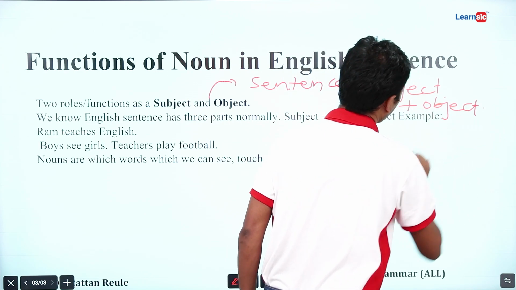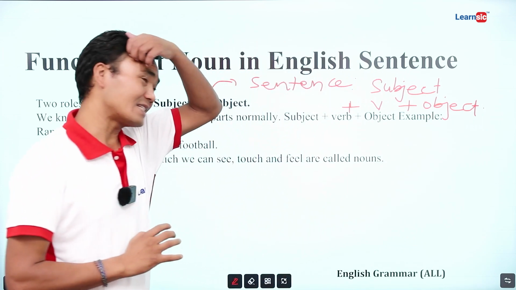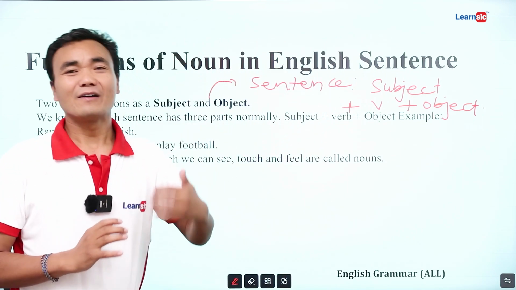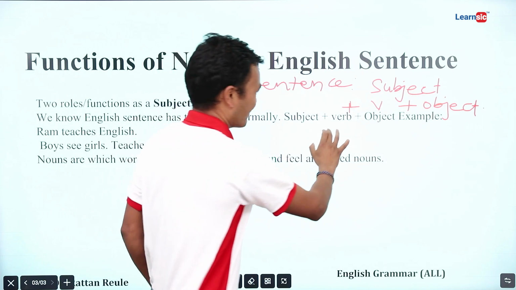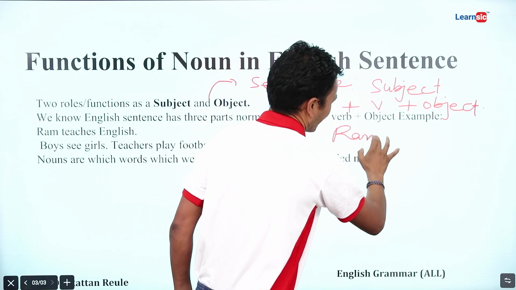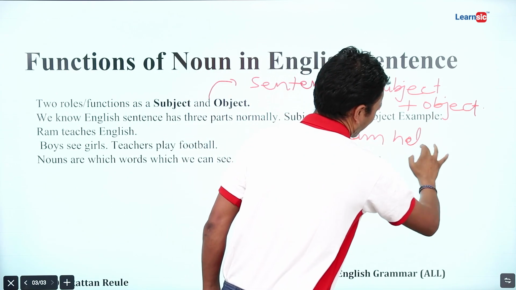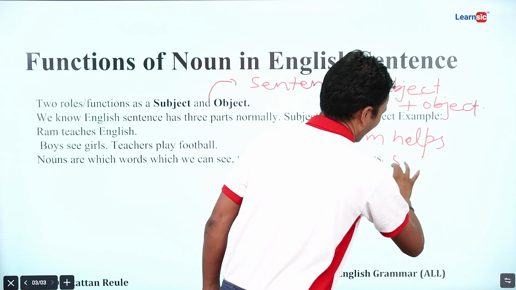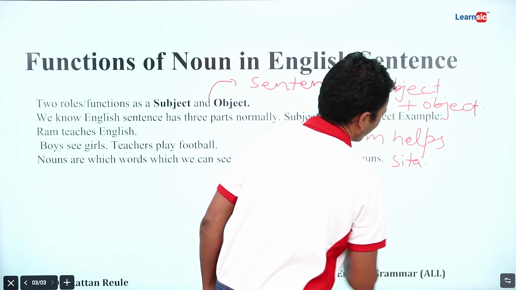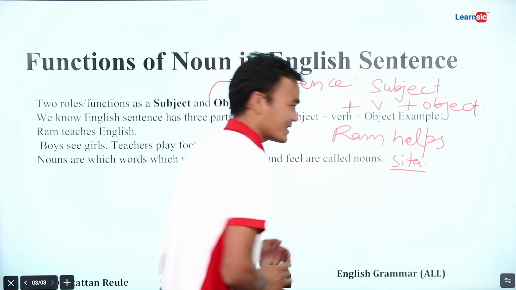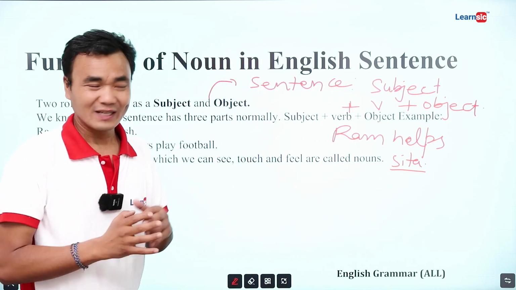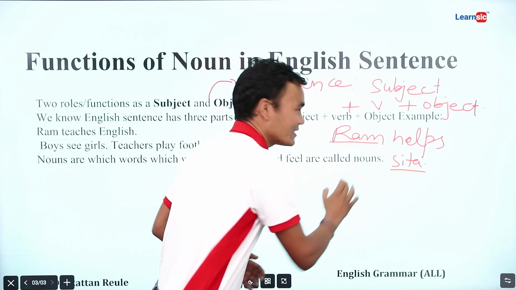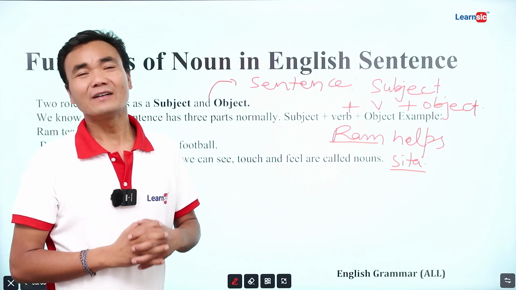So you can learn from this example: Ram helps Sita, right? So Sita is an example of noun and Ram is also an example of noun.